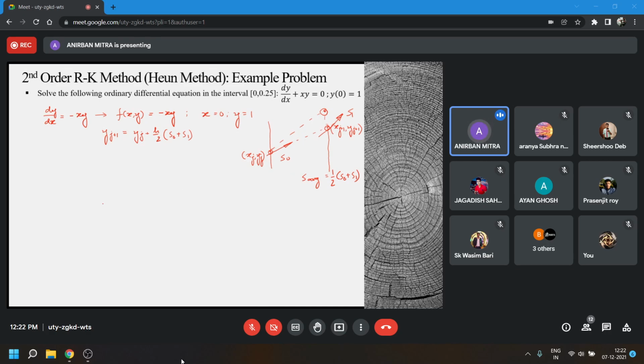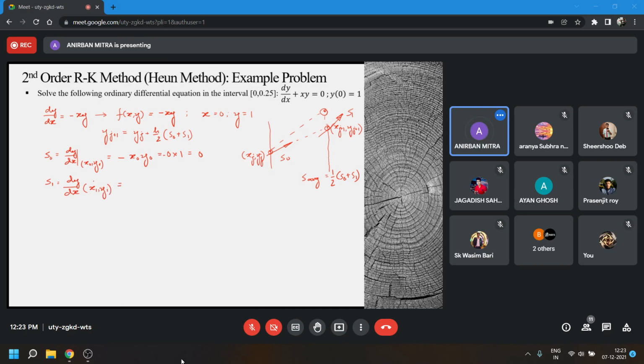So let us start with the given values. S0 would be dy/dx at this given point x0, y0. Basically, that makes it minus x0 y0. 0 into 1 gives us 0. What about S1? That is dy/dx at x1, y1.